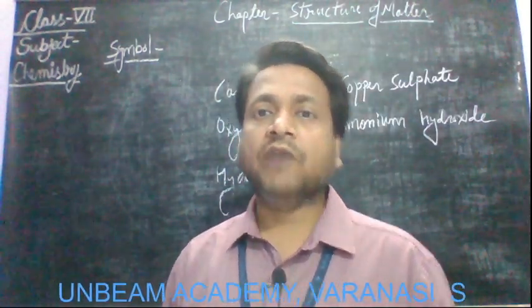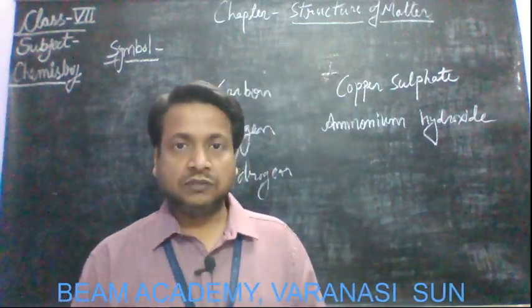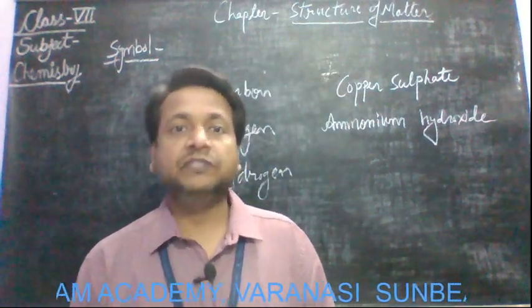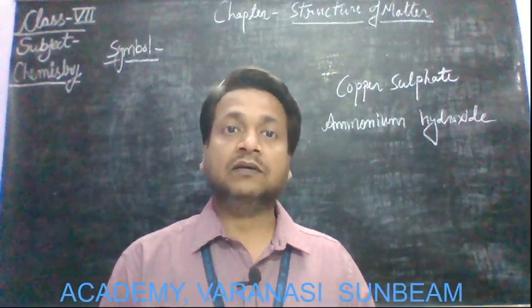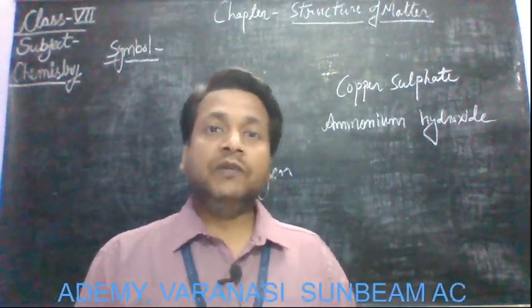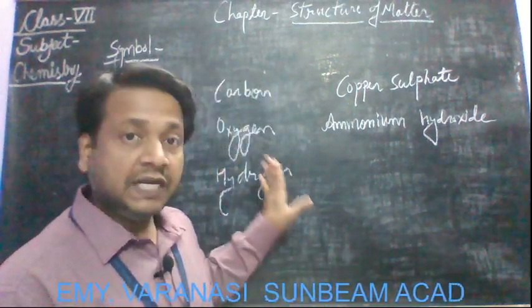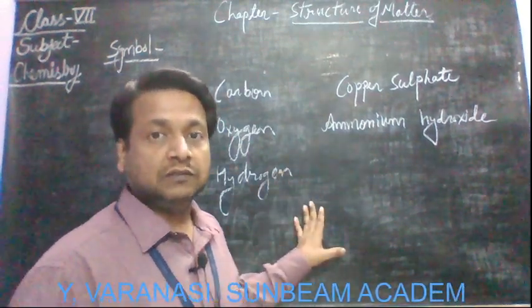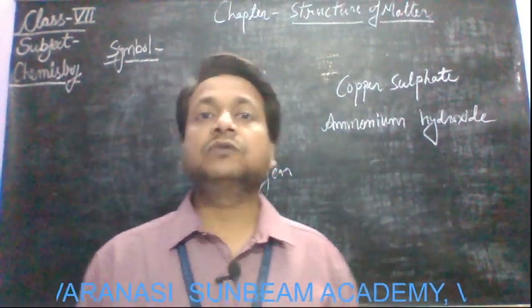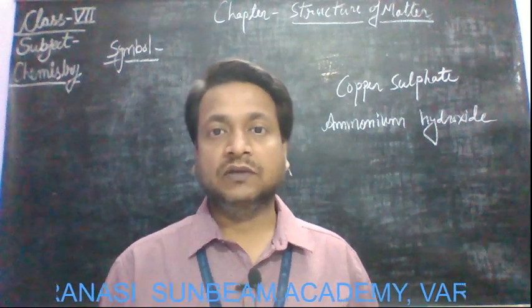There are a number of elements and compounds which we are using, studying and writing. If we use their complete names to write them, it is very difficult to write them properly.